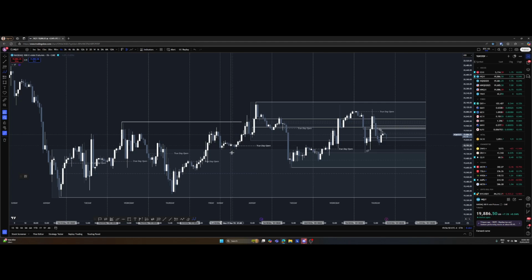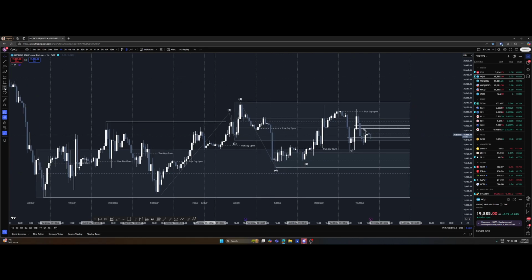So 1, 2, 3, 4, 5, and we sweep to, then we would have 6 above 3 here.